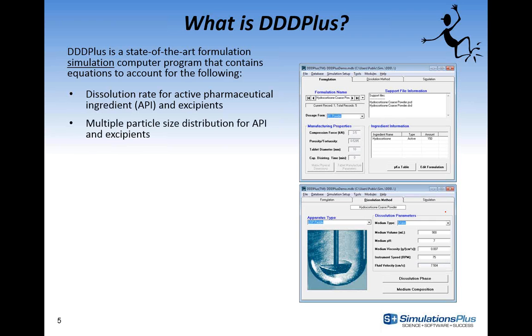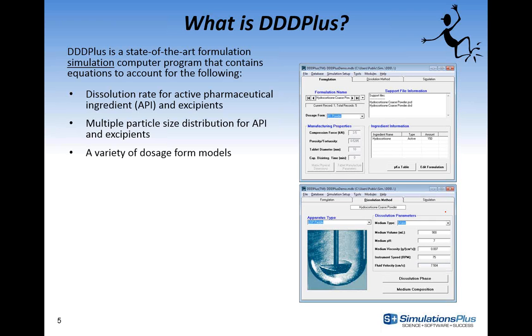We can account for multiple particle size distributions for both the API and all the excipients in the formulation. Not only can you specify mean particle size and the spread of that distribution, but you can also use your experimental data and/or fit distributions to your experimental data to predict release rate.